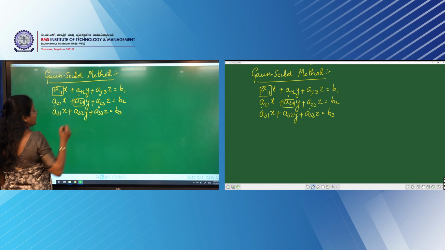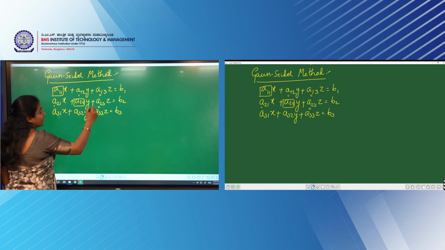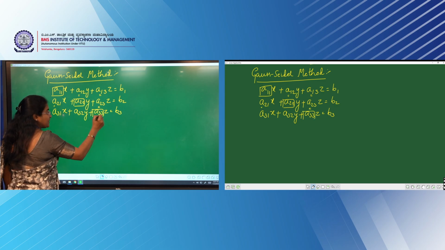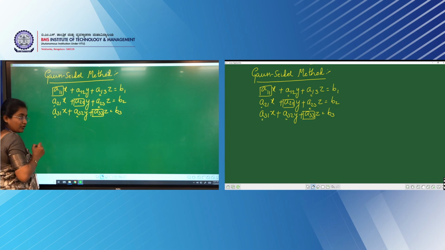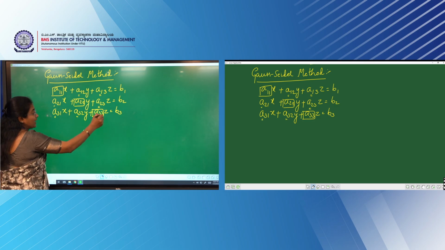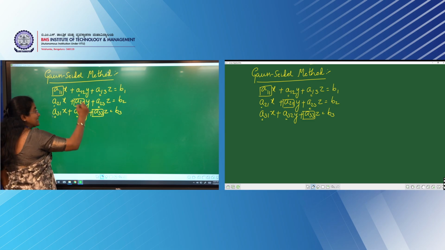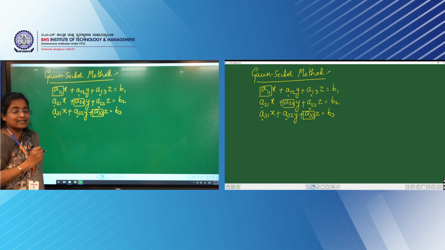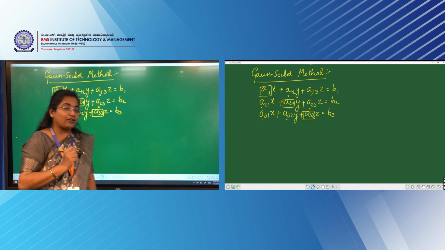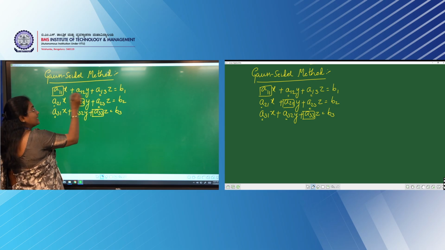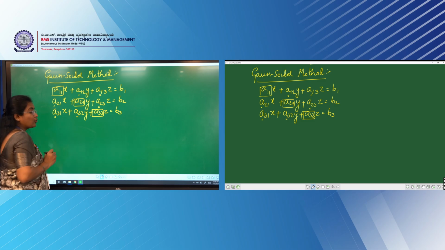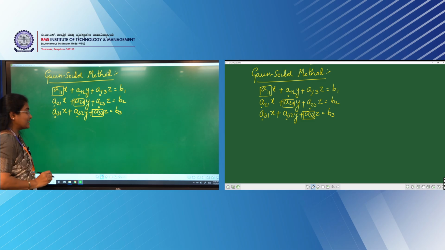In the third equation, the coefficient of z should be large comparatively, and these three diagonal elements should not be 0. So, Gauss-Seidel is an iterative process, and it should satisfy that the diagonal elements are large compared to the other two coefficients present in the equation, and also non-zero.